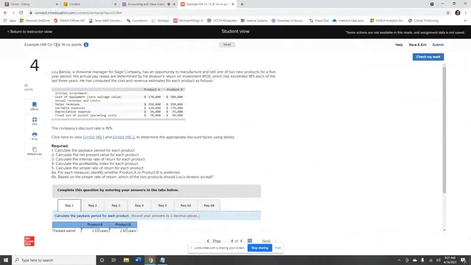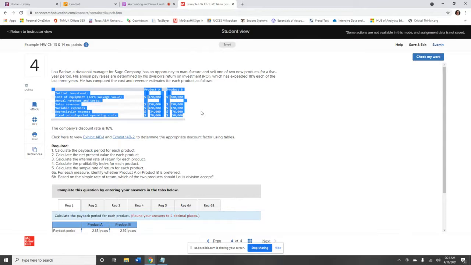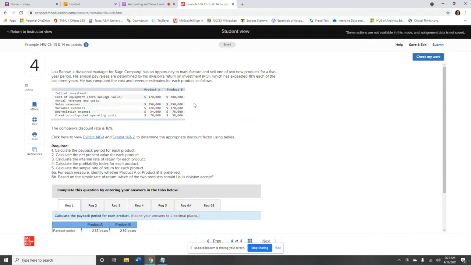We're on problem 4 of the chapter 13 and 14 homeworks. And what we've got here is we're choosing between two investments. We can either make a product A or a product B, right? And so they cost a slightly different to invest in, and they're going to have different cash flows. So we have to figure out, okay, which one of these do I want to invest in?